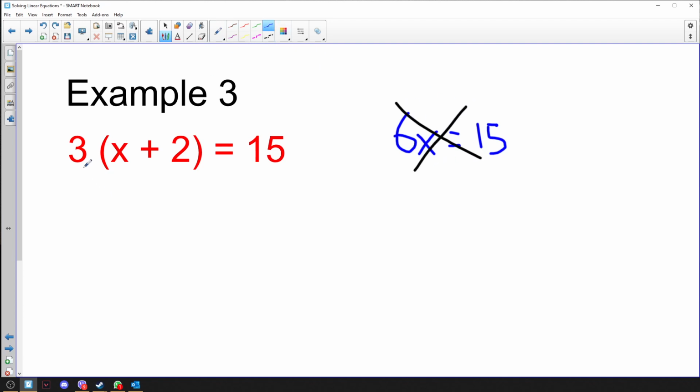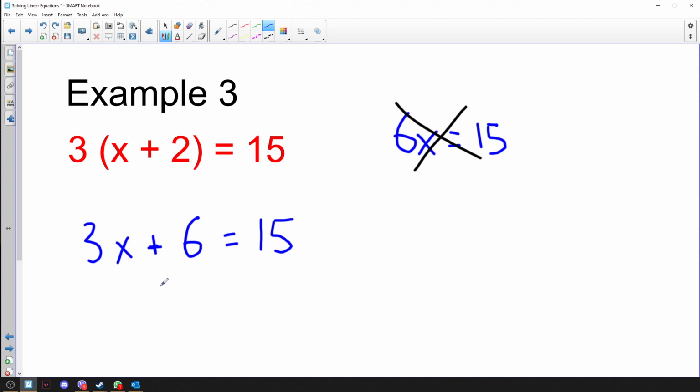So we're going to multiply the 3 by everything inside the brackets. So 3 times x, 3x. 3 times 2, 6. And the positive we keep. Okay, 3x plus 6 equals 15. So 3 times something plus 6 equals 15.